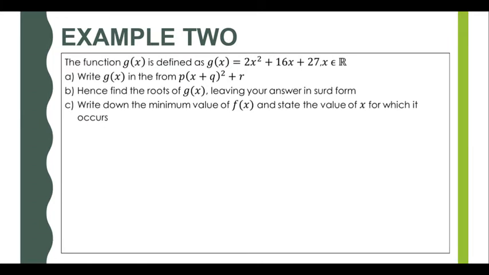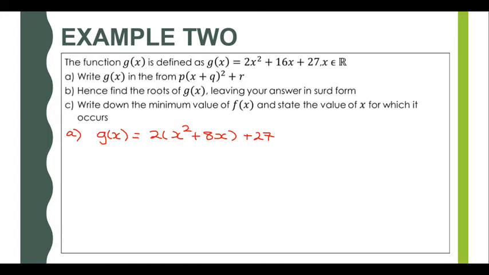So here for part A, we need to write g of x in completed square form. So to do this, we need to take out first a factor of 2. So g of x is equal to 2x squared plus 8x plus 27.